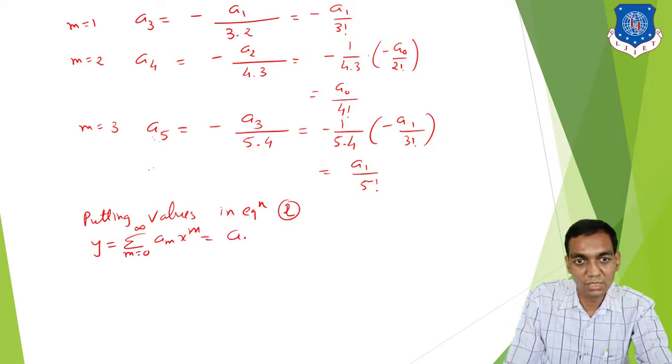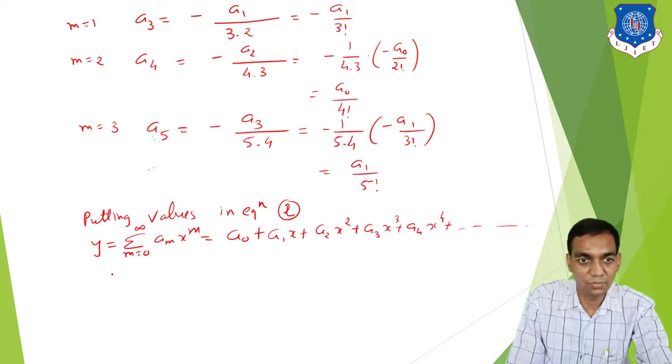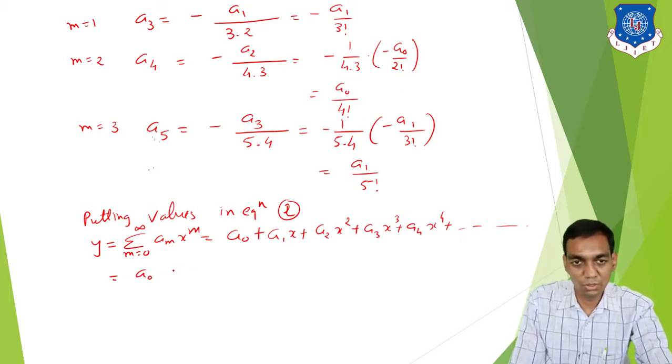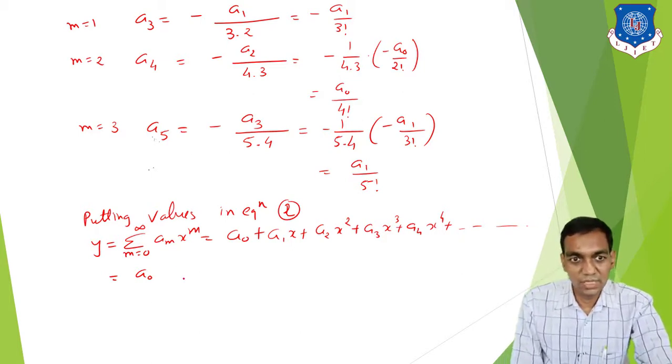That means if I am writing in the series form, then you will have a0 plus a1x plus a2x square, a3x cube, a4x raised to 4, a5x raised to 5 and so on, and put the value. So a0 we cannot find because a0 remains a0. In the same manner a1 remains a1.